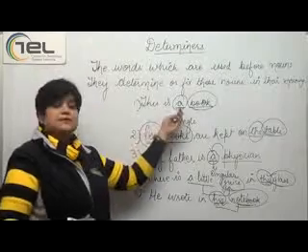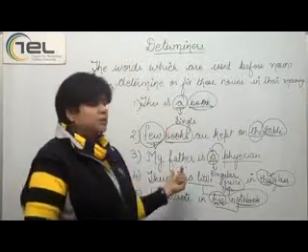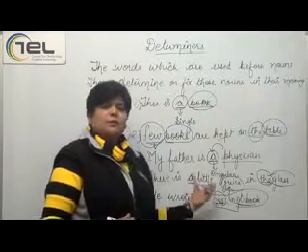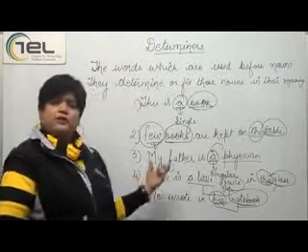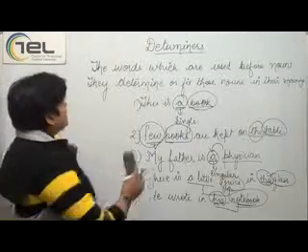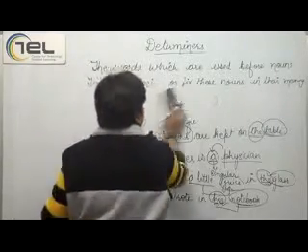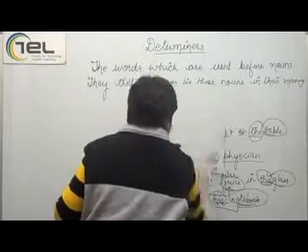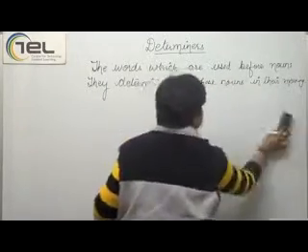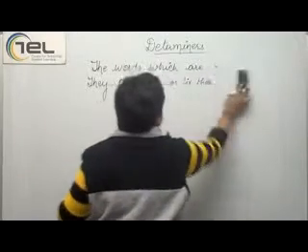We study articles, we study pronouns, we study adjectives. So all come in this category. Why? Because they all determine the noun that we use in a particular sentence. Now we can classify determiners into various categories so that we can identify them later and can use them correctly.